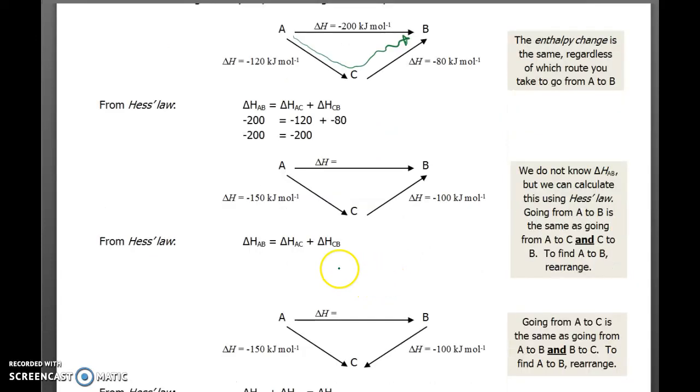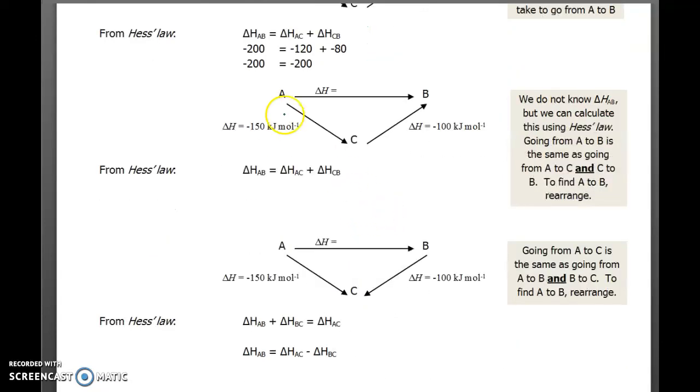So here's another example. We don't know what the enthalpy change is for A to B, but we've been told the enthalpy changes for A to C and C to B. So just as we did in the previous example, because we're going in the same direction as those arrowheads, we can add those two values together.